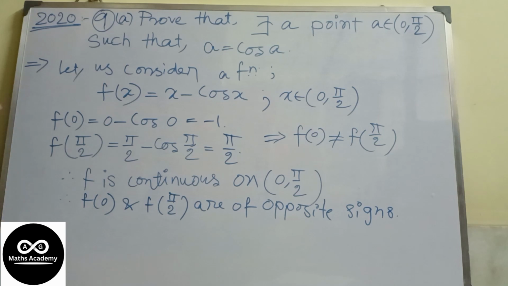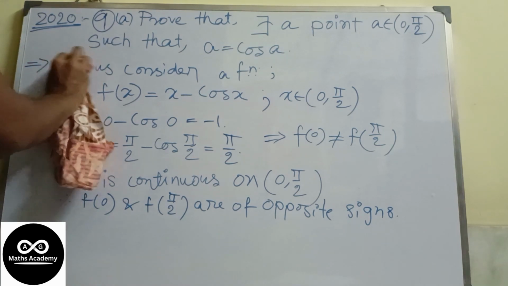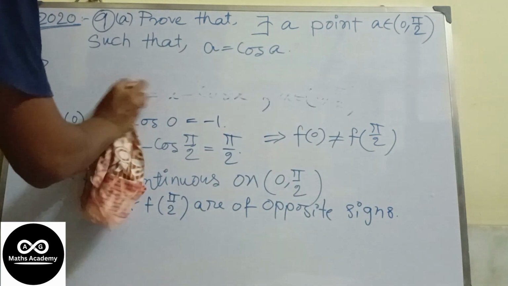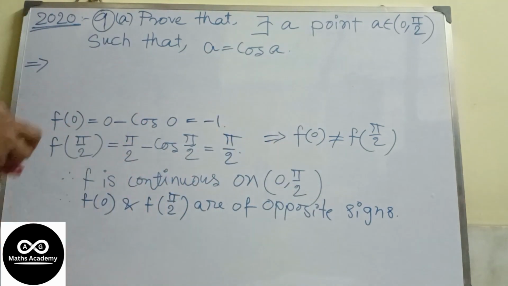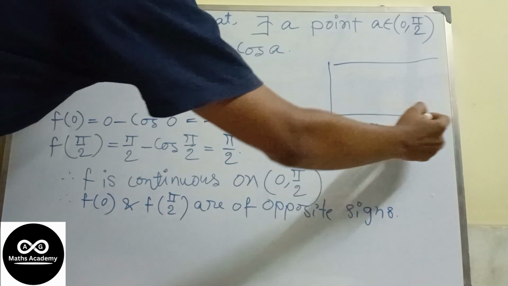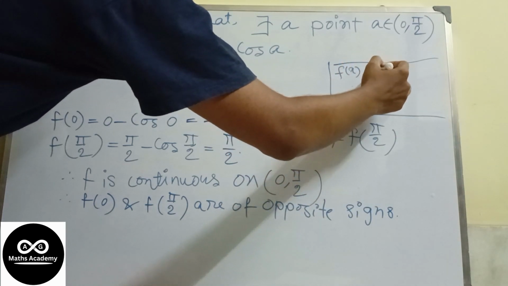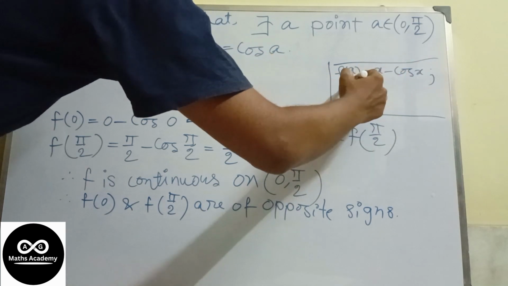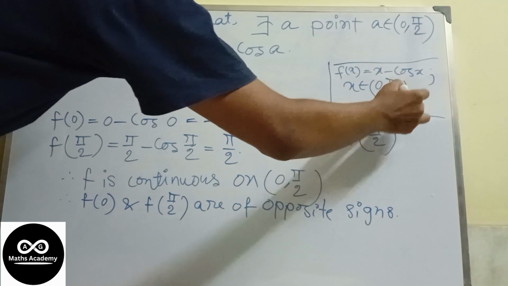So this was our f(x): f(x) equal to x minus cos x, where x belongs to 0 to pi by 2.